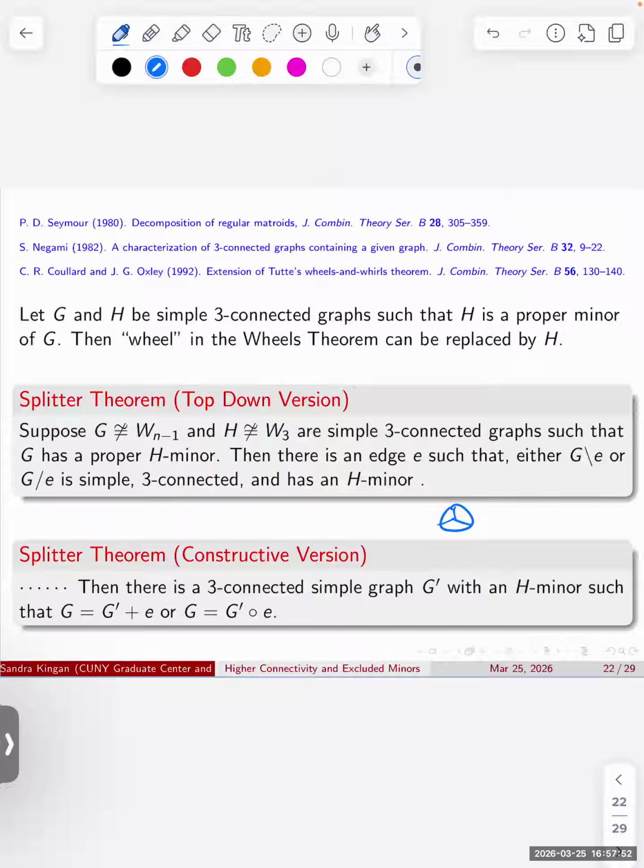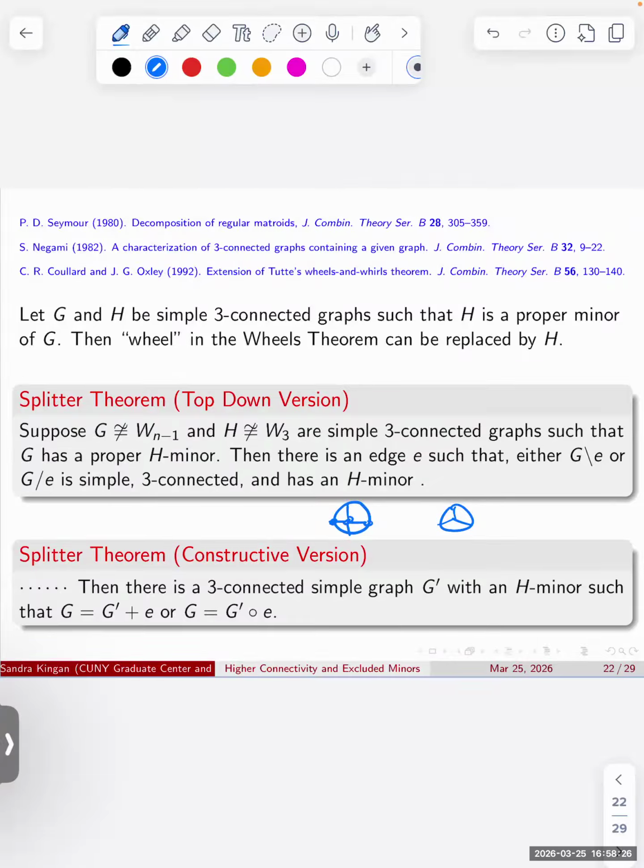Then you just look at all the other three-connected graphs, and you get right down to the four wheel. And so everything begins with the four wheel. You can extend the four wheel up to K5, and then do vertex splits of the four wheel, right? And that's what this version down here is doing. This is just the constructive version of the top down.